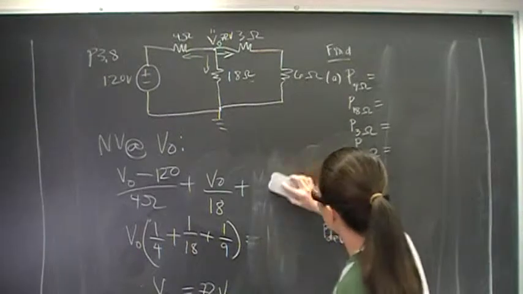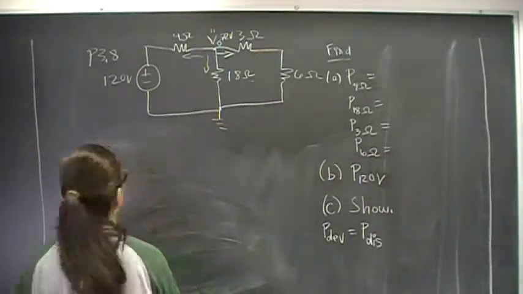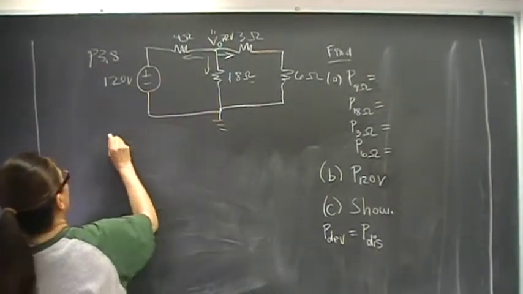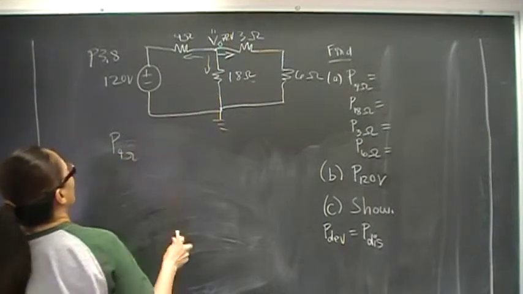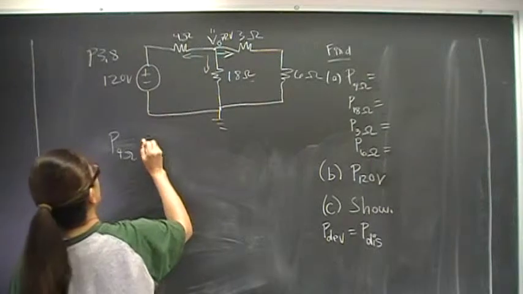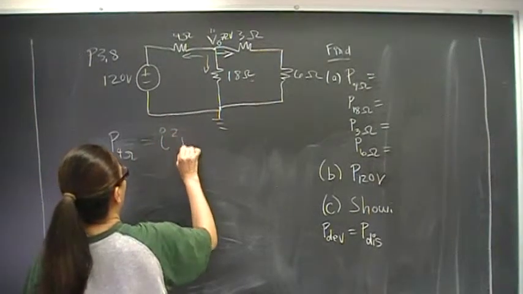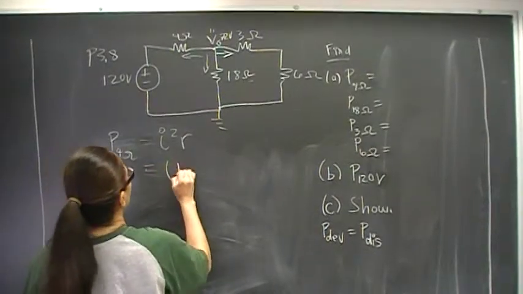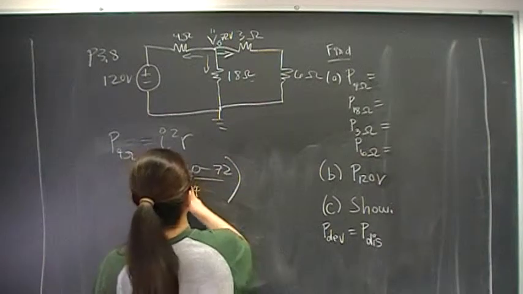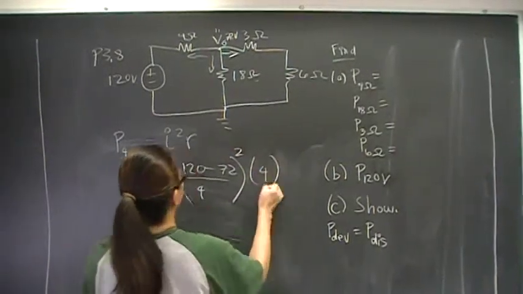Now we can use that to calculate the power. For the power of the 4 ohm resistor, let's just calculate the current through that resistor, because that's going to be I squared R. I is just 120 minus 72 over 4, and that's squared times 4.